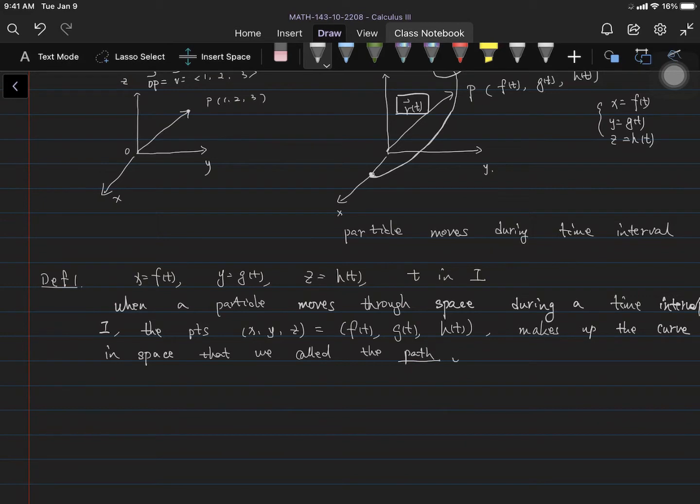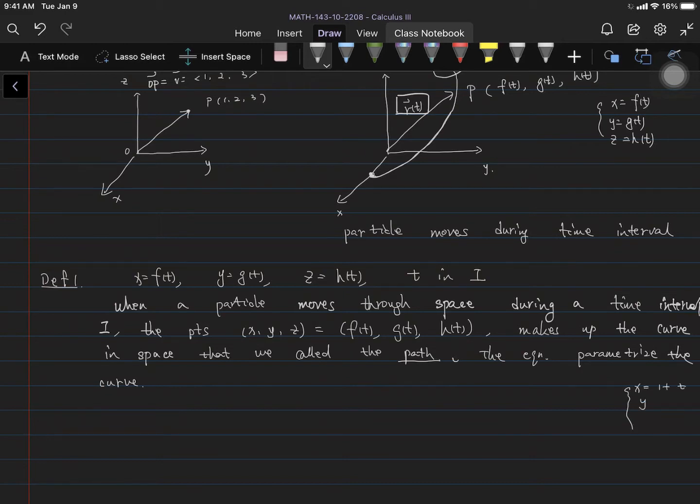And the equations parametrize the curve. Those equations are like parametric equations. You can also think about the line. The easiest one is the line equation.